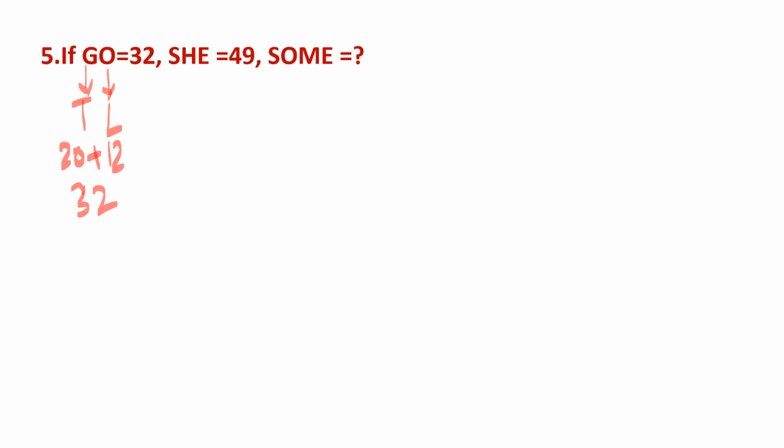So opposite pairs here: S opposite pair is H, H opposite pair is S, E opposite pair is V. H is 8, S is 19, V is 22. 22 plus 8 is 30, 30 plus 19 is 49.